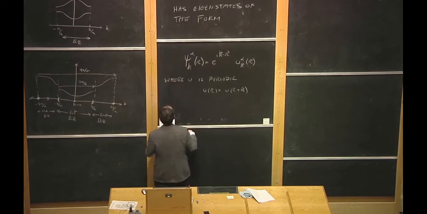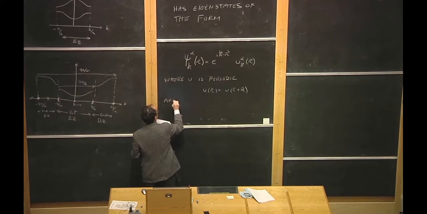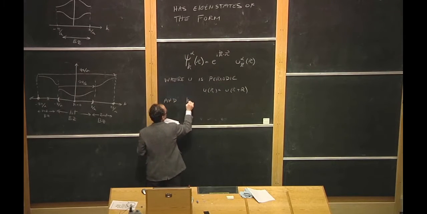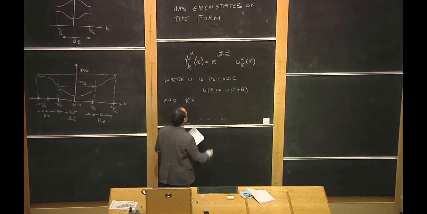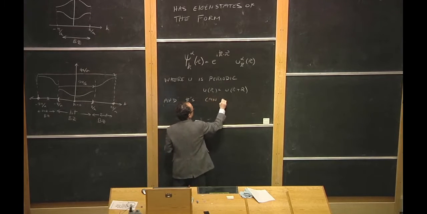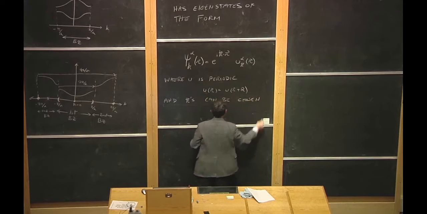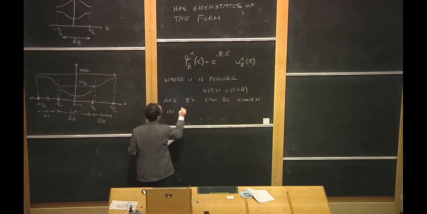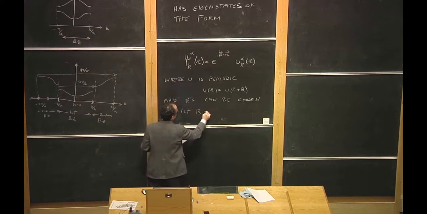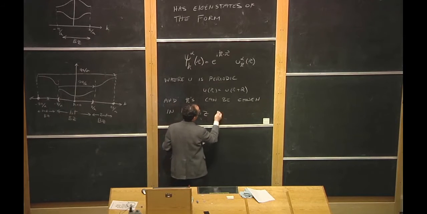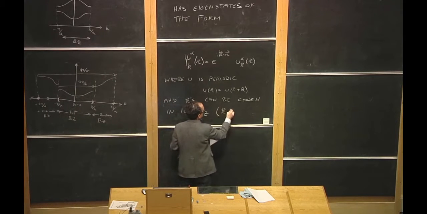And k can be chosen in the first Brillouin zone. In other words, k is crystal momentum, k is the crystal wave vector.